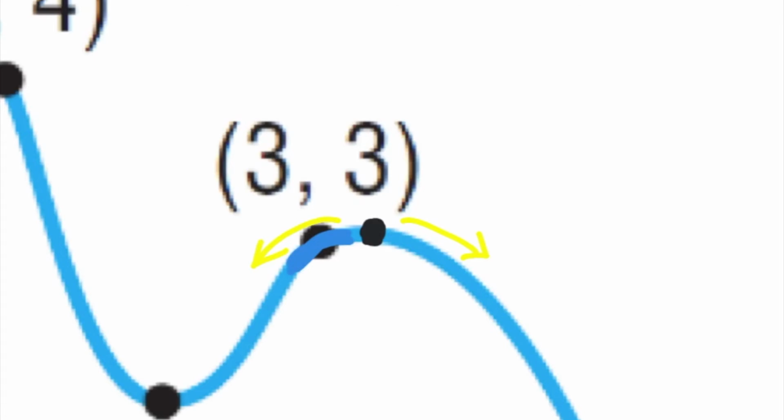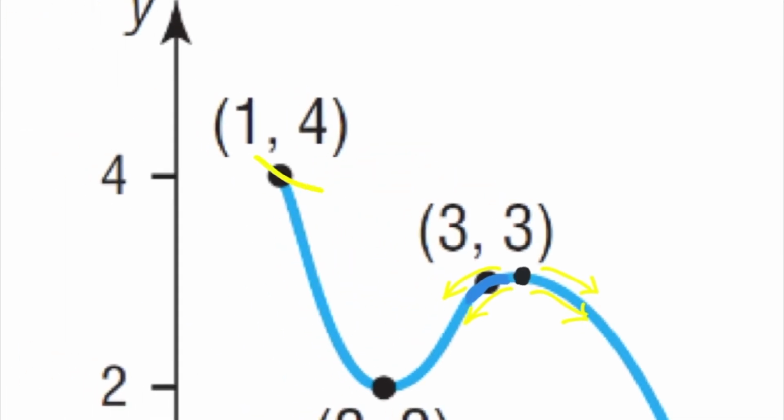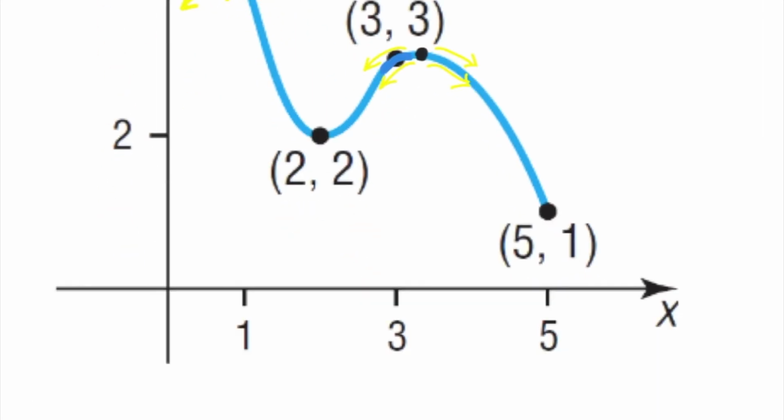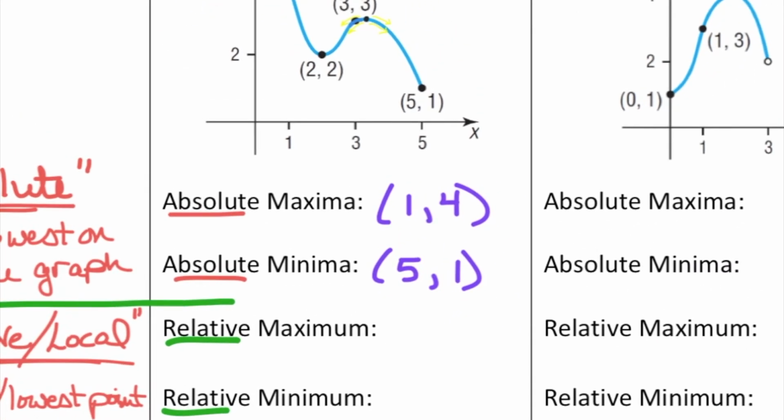And so this point 3,3 is higher than the points on either side of it. Whereas this point does not have points on the left, therefore it's not a relative max. You can have a maximum point that is both absolute max and relative max, but in this case it's not. So your only answer for relative maximum here is going to be that point 3,3.